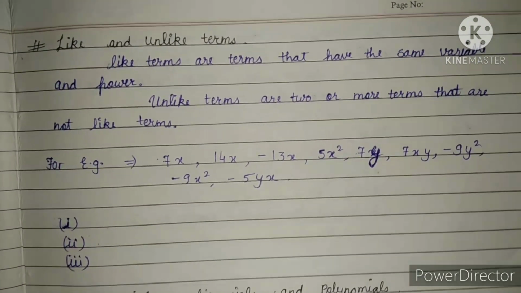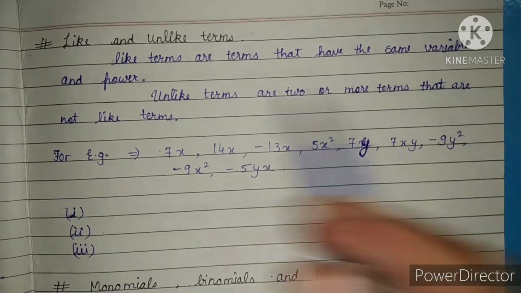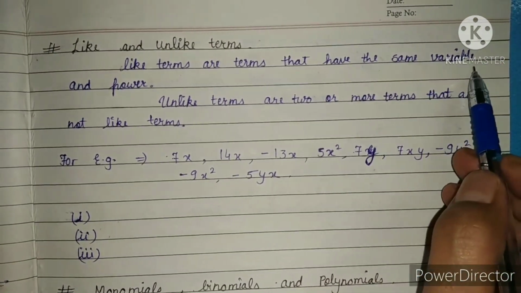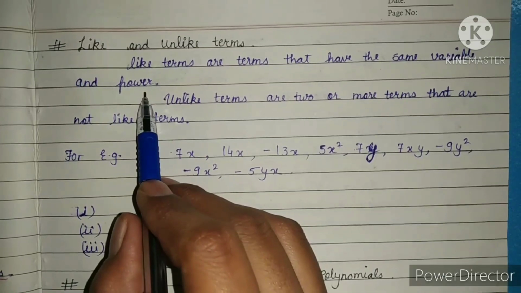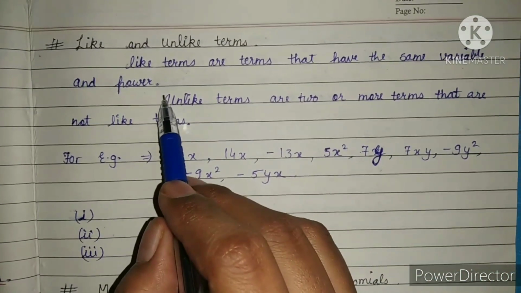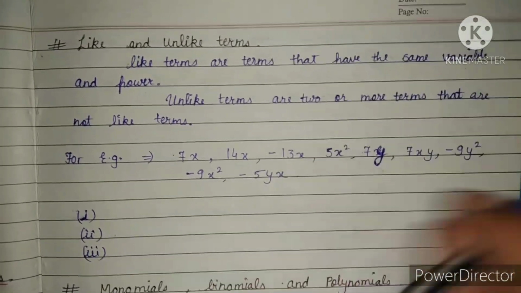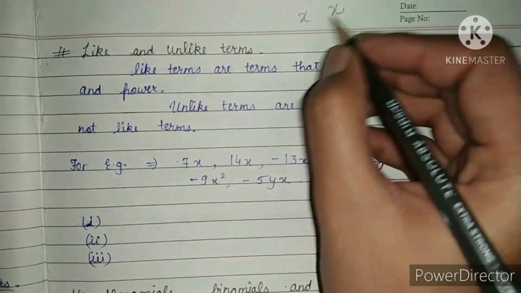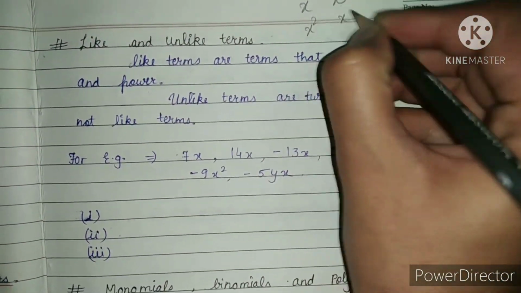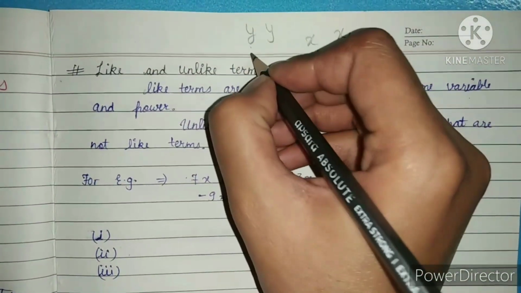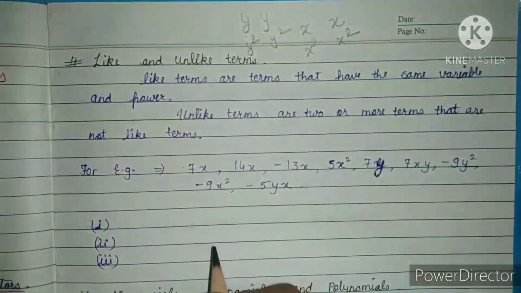New topic is like and unlike terms. Like terms are terms that have the same variable and power. When we see the same variable and same power, it means they are all like. It means x terms are like terms. x square terms are like. y is like, and y square is like.